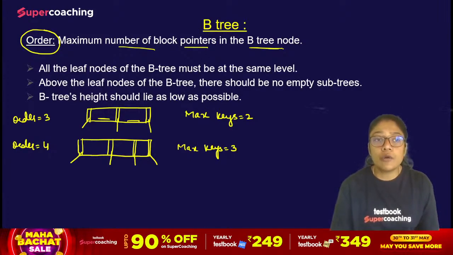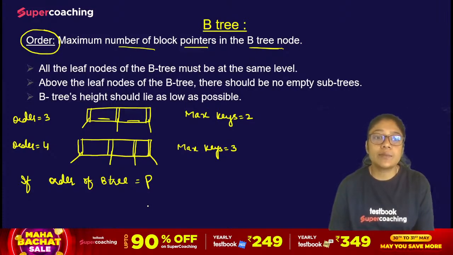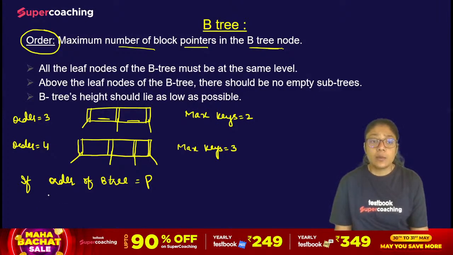If the order of a B tree is given as P, can you tell me what will be the maximum number of keys possible then? Order of a tree means the maximum number of block pointers or child pointers is P. Then what will be the maximum number of keys that we can store?